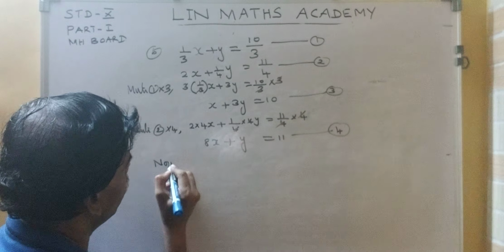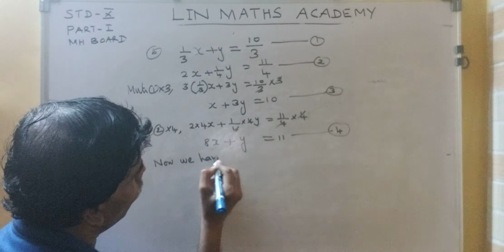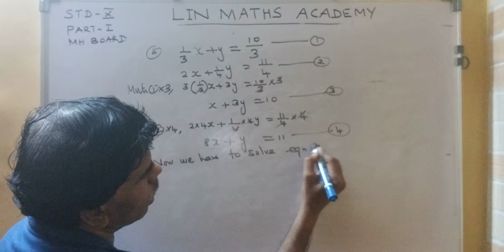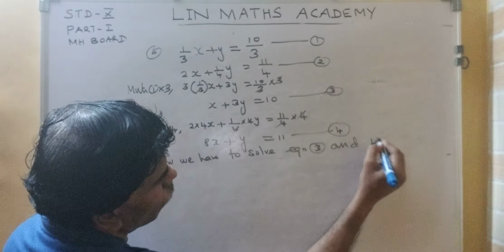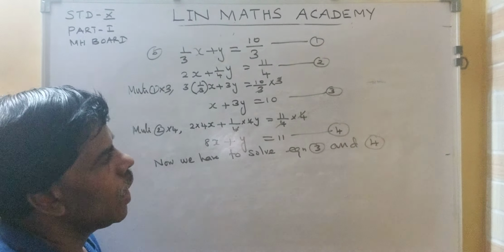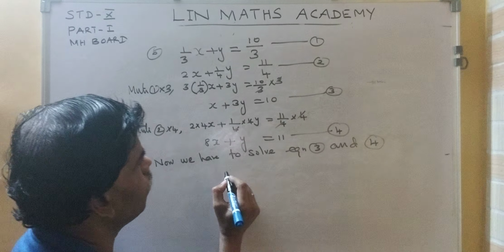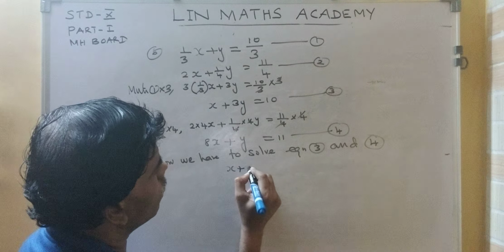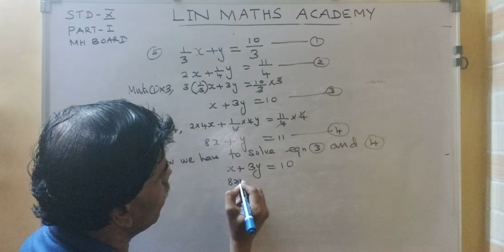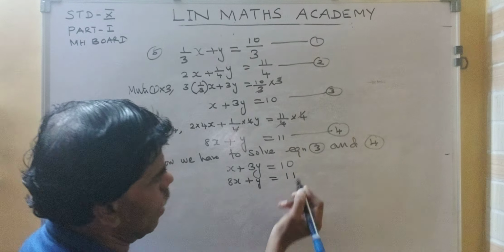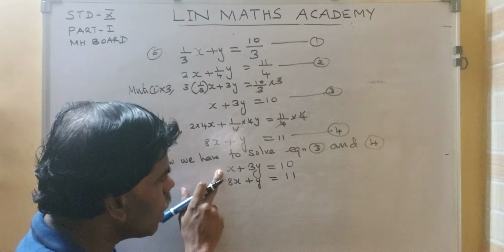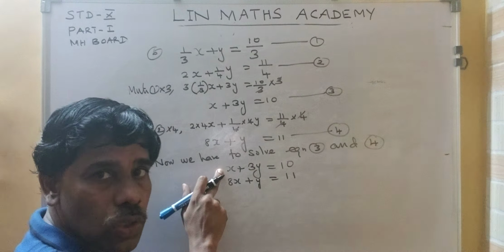Now we have to solve equation 3 and 4 in the usual way which we have done earlier. So x plus 3y is equal to 10. 8x plus y equal to 11. Now here we will try to equate the coefficient. Here if you are multiplying by 8, this will also become 8x.